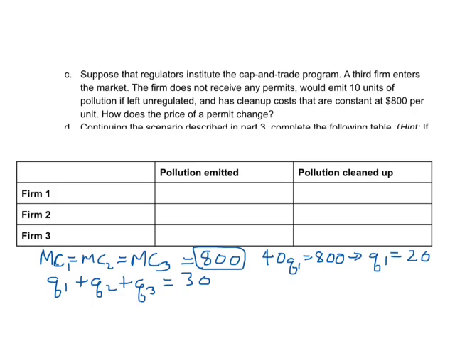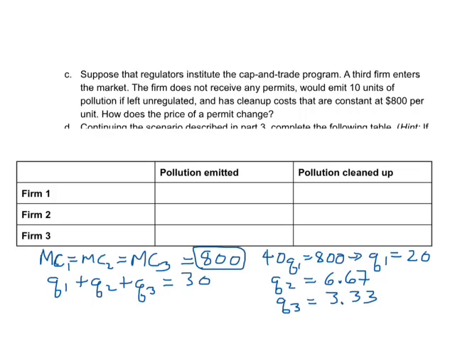The same logic gets us Q2 is equal to 800 divided by 120, which is 6.67. That's why I needed that assumption that firms can clean up fractions of units, sell fractions of permits. And then finally, since all that cleanup has to add up to 30, Q3 is equal to 3.33.